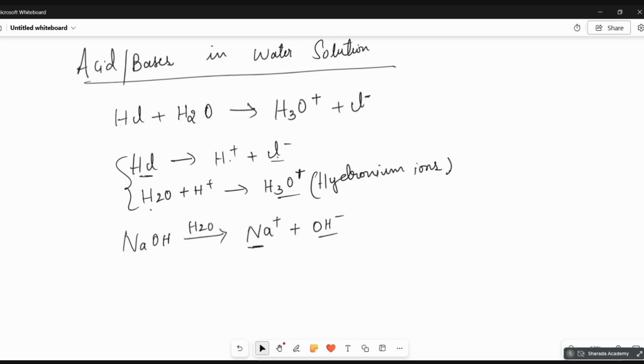Why? The reason is that it is a highly exothermic reaction. It produces an enormous amount of heat. So if you add drop by drop, it is better, so it doesn't pump out. That's how you mix acid and the water.